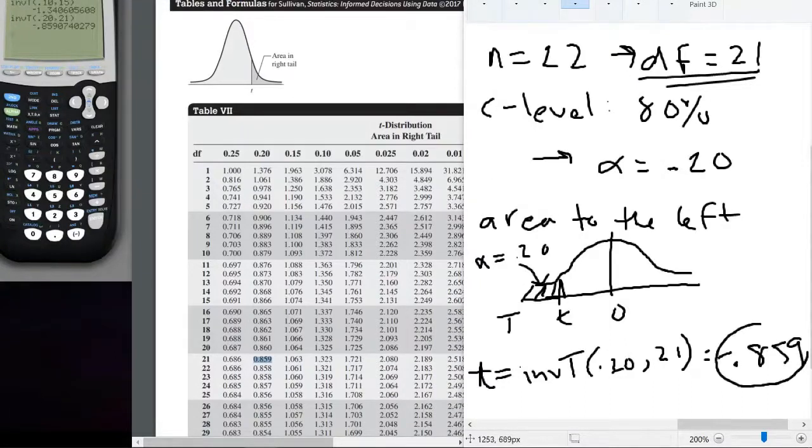And notice that the formula sheet also got us the 0.859. But once again, drawing the t-distribution curve lets us know whether that t should be positive or negative. So this drawing here will be important, area to the left, area to the right, in determining what the sign of the t value will be.